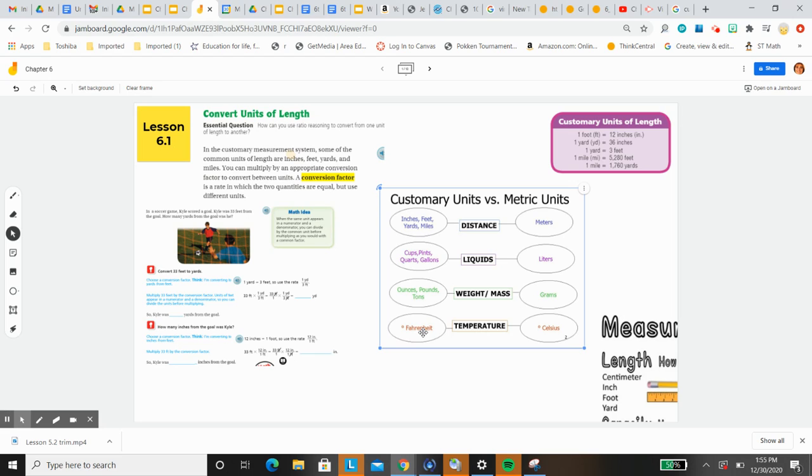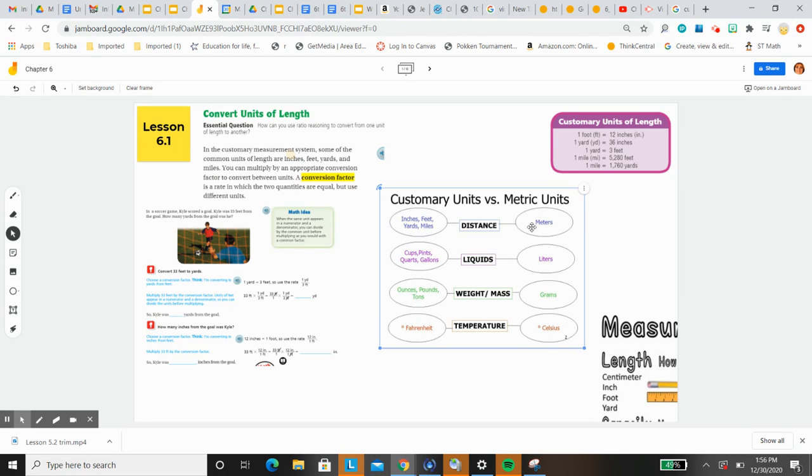There is another standard or type of measure called the metric system. This is used in most of the world besides the United States. They use a more standard system called meters or liters or grams, or in temperature, it's Celsius. Okay, so the metric system is different.